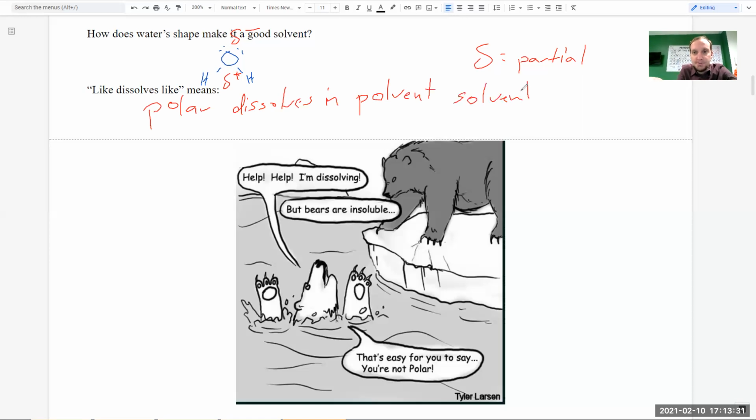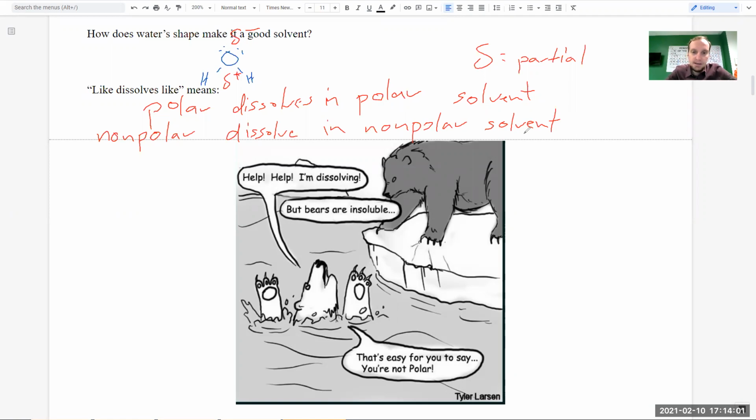I've already used it a few times in this video. And likewise, a non-polar substance will dissolve in, whoa, I put pulvent. That's funny. Let me fix that, because I'm sure you guys noticed that, and I did not. In a non-polar solvent. So like dissolves like, meaning polar dissolves polar, and conversely, non-polar dissolves non-polar.